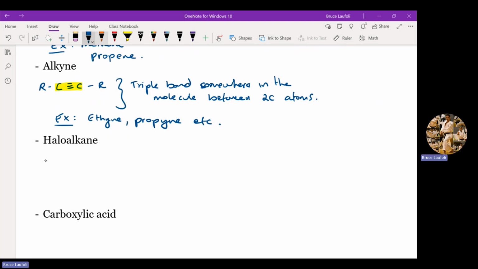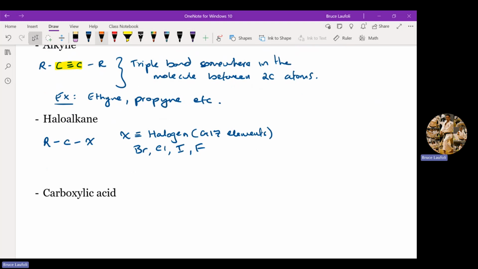Okay. Now, haloalkane. The functional group of a haloalkane. We don't usually consider it a functional group, but I'll say that it is in this case. But a functional group such as a haloalkane suggests that we have a carbon that is bonded to some sort of molecule X, where X is a halogen. So remember, your halogens are your group 17 elements. Okay, so they consist of bromine, chlorine, iodine, and fluorine.